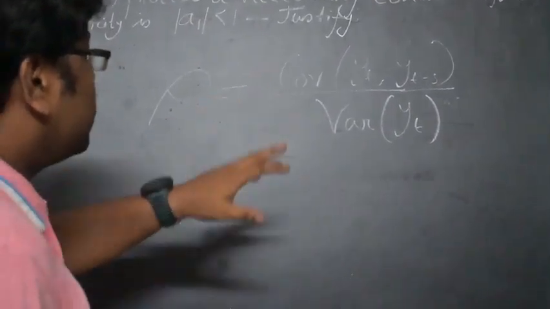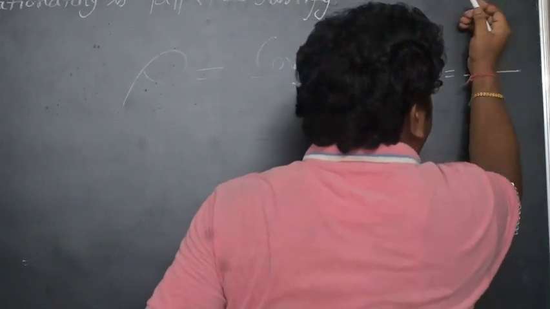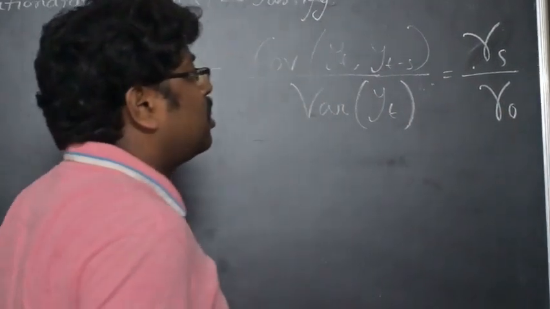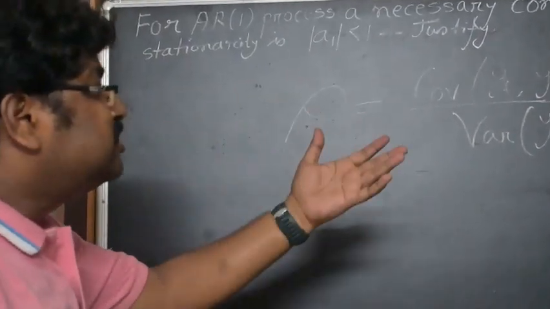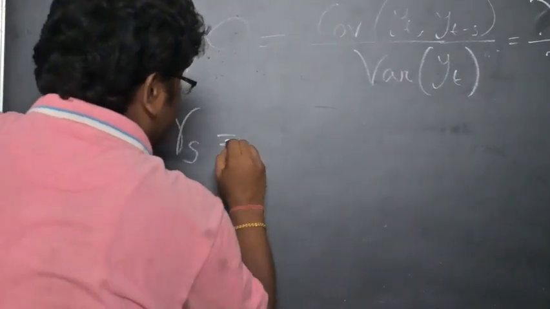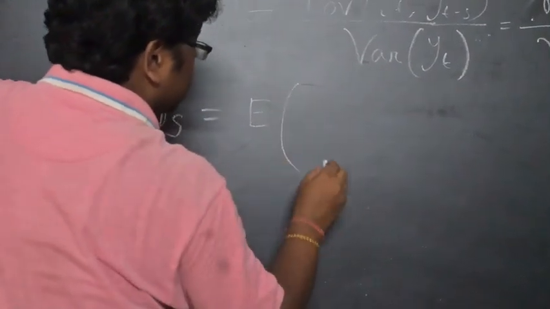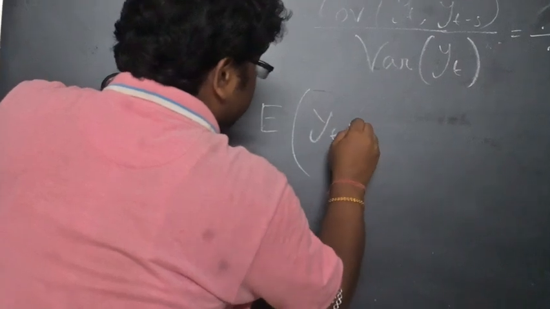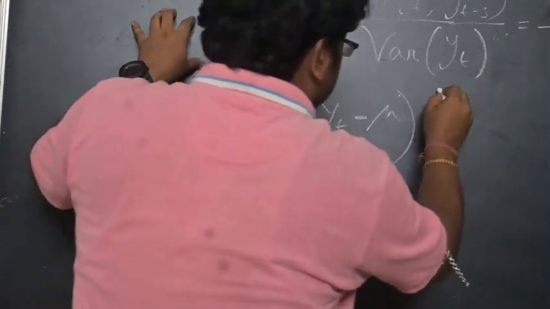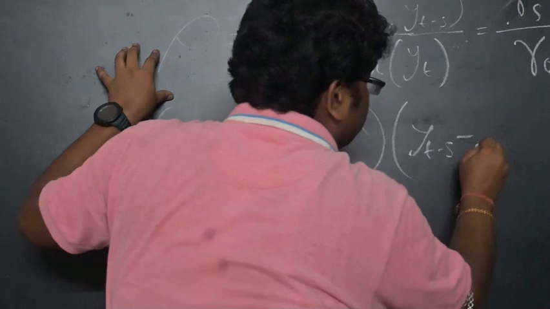Now you can write this as gamma s and gamma 0. So what is gamma s? We can write gamma s equal to the expectation of Yt minus mu, where mu is the mean of the series, times Yt minus s minus mu.